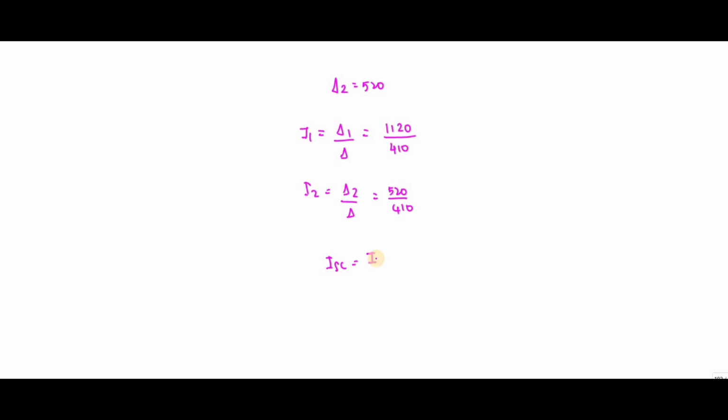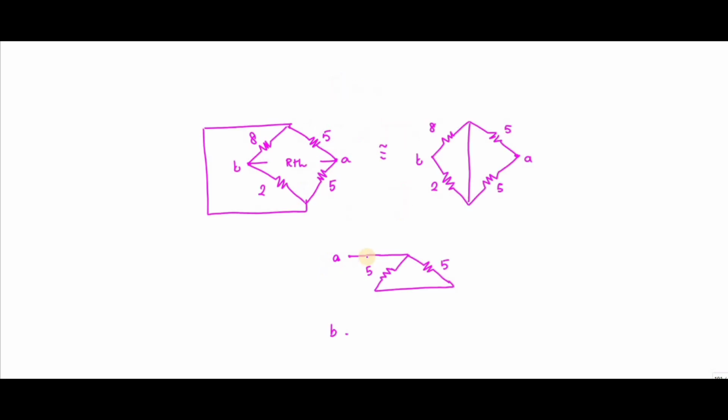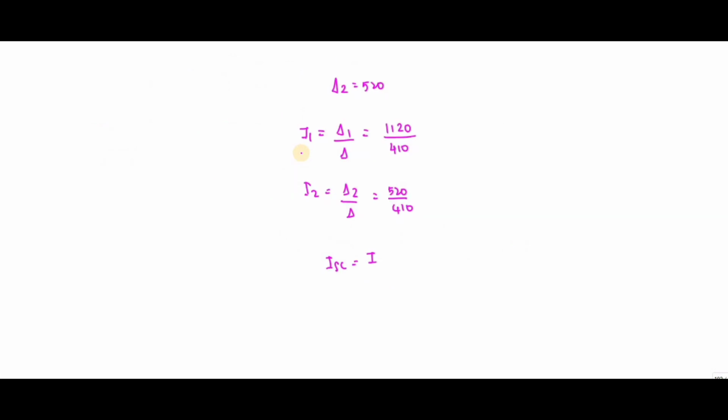You can see the diagram, right? The I1 is flowing in this direction, the I2 is in this direction, and you can see the ISC direction and the I1 direction are the same. So I am writing ISC is equal to I1 minus I2.